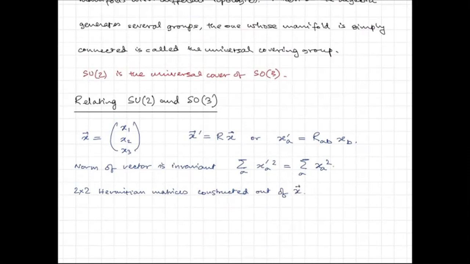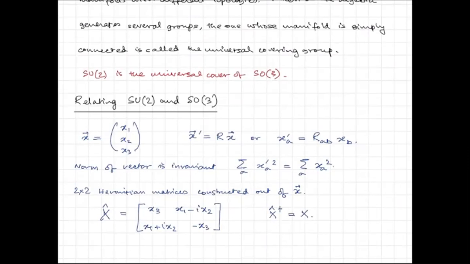How do I do this? I call some X cap as X3, X1 minus iX2, X1 plus iX2, minus X3, such that X cap dagger is equal to X cap. This is also the most general two-dimensional Hermitian matrix that you can write down.